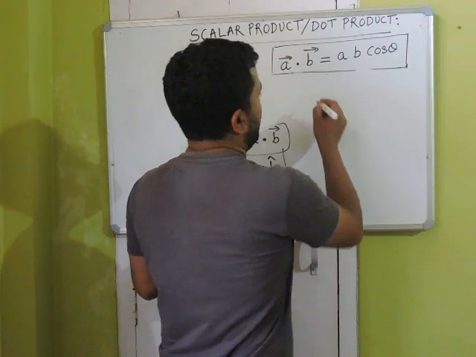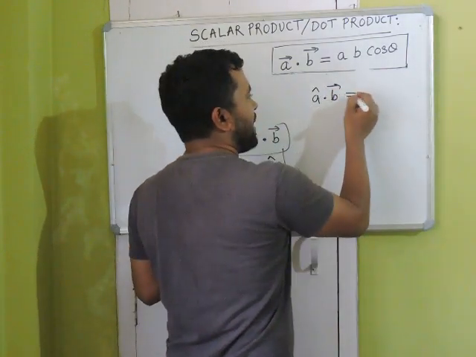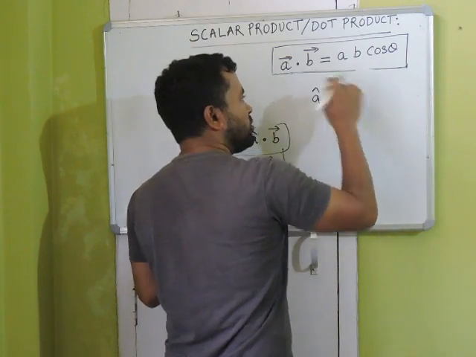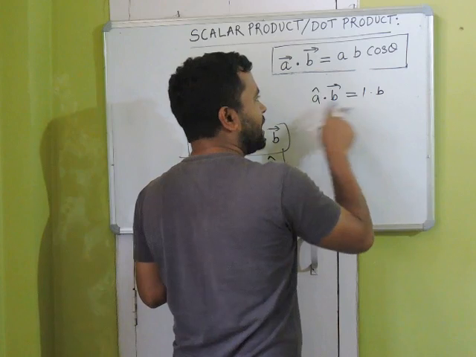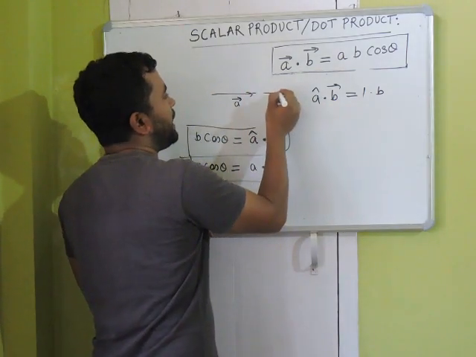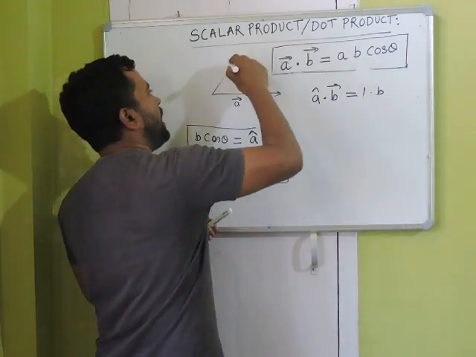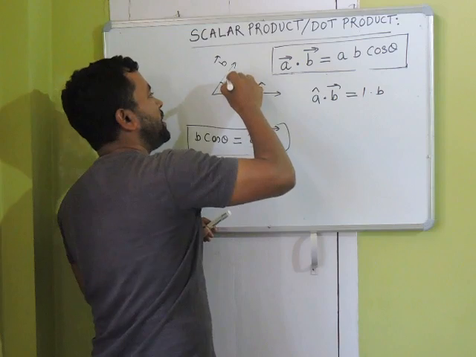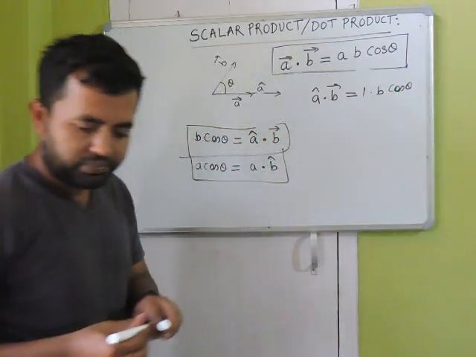A dot B by definition is magnitude of A. So A is a unit vector, its magnitude is 1, into B into the angle between them. So if A vector is this, A cap will be this vector only, pointing along A, and the angle between them is theta. So this turns out to be this, right?